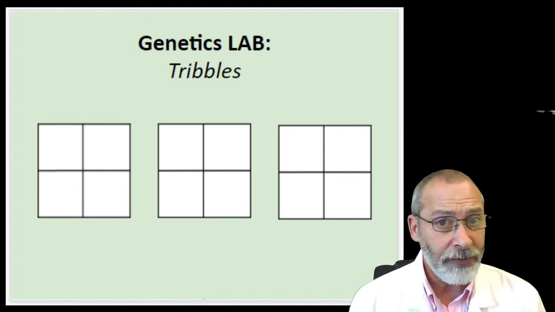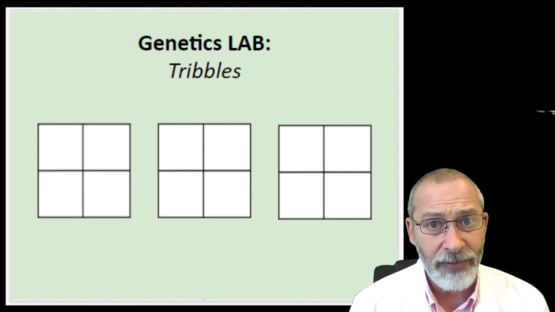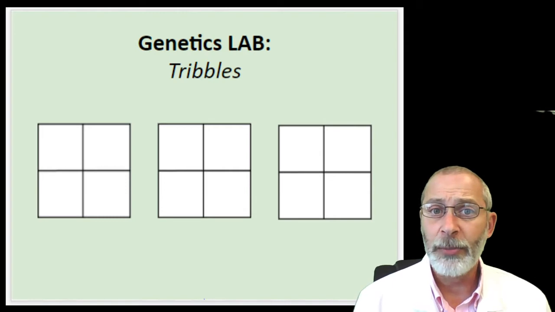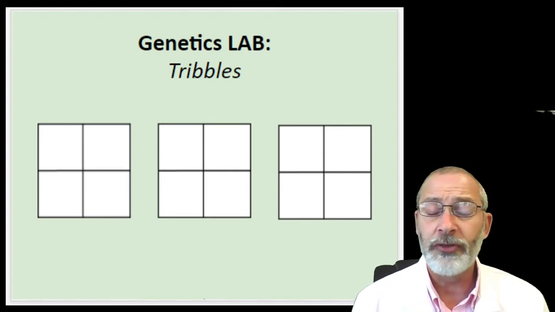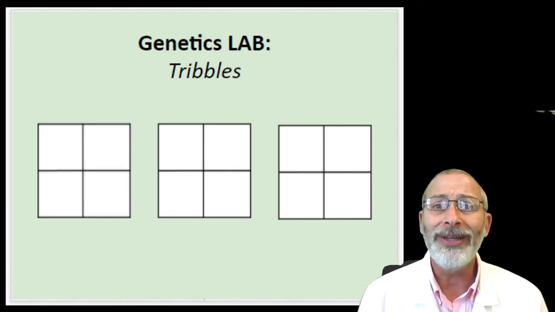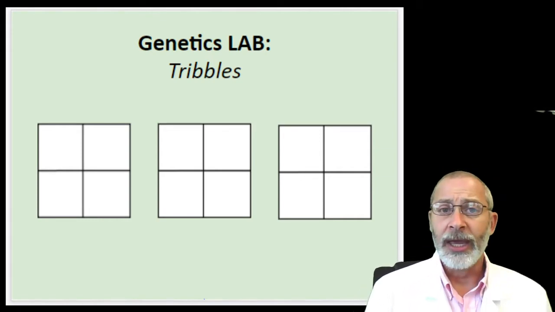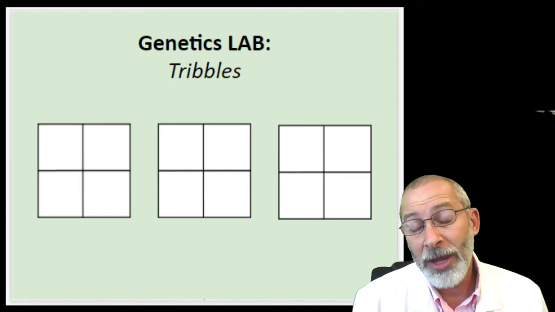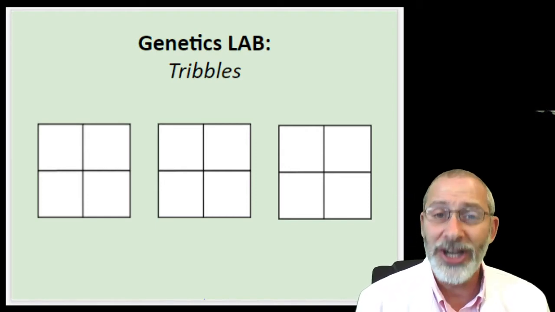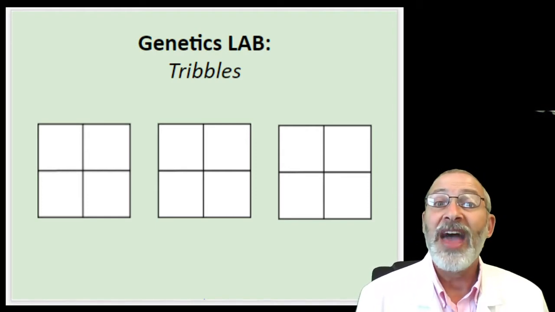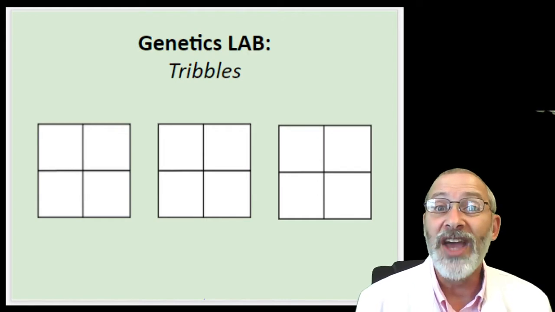Maybe you've heard of these before, maybe you have not. So perhaps I'll be introducing them to you for the very first time, but these organisms are called tribbles. And tribbles are, in my opinion, kind of cute, cuddly little critters that reproduce very, very quickly.